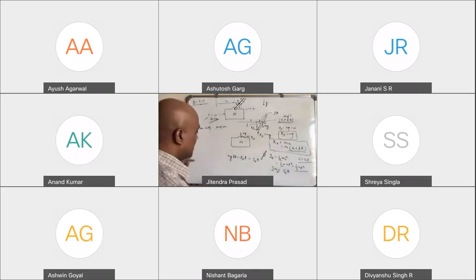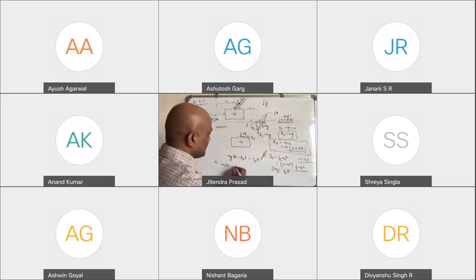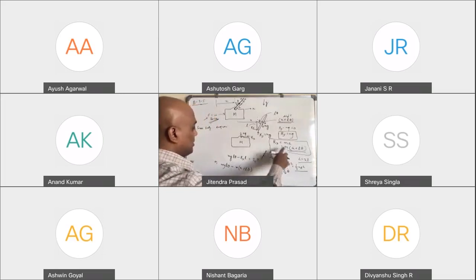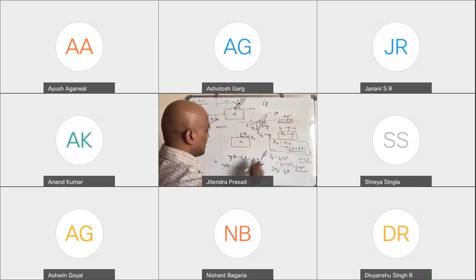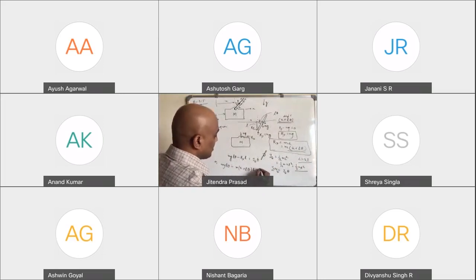Or mgLθ minus Rx. The Rx value we can put from here, and Rx value is m times x double dot plus L theta double dot. So this is m(x double dot plus L theta double dot), this Rx times L from here is equal to Jg theta double dot.